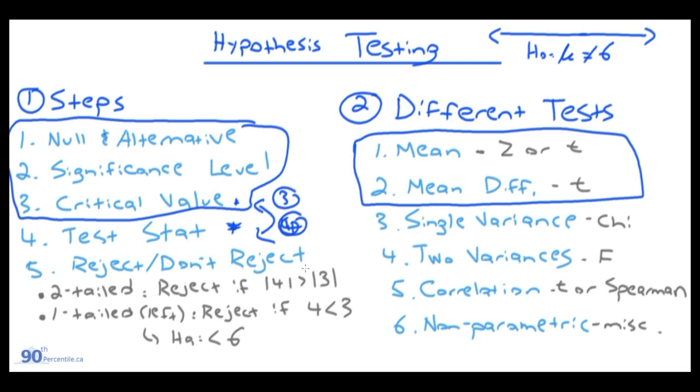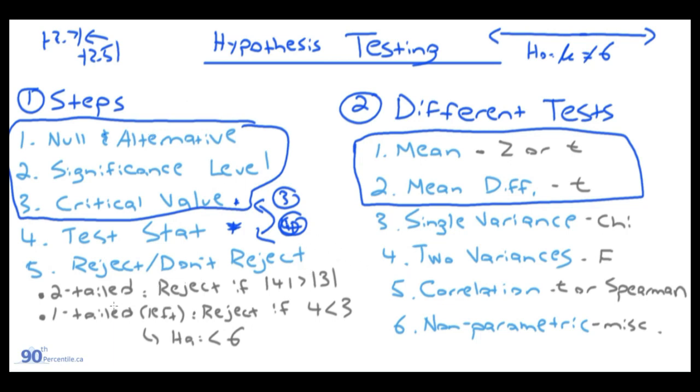Another way to think of it would just be that it's outside. So if I have a critical value of, let's say, negative 2.5, and my test stat that I calculate is negative 2.7, this is outside of the negative 2.5, and the absolute value is also greater. So like positive 2.7 greater than positive 2.5. So just 2 different ways to think about it.